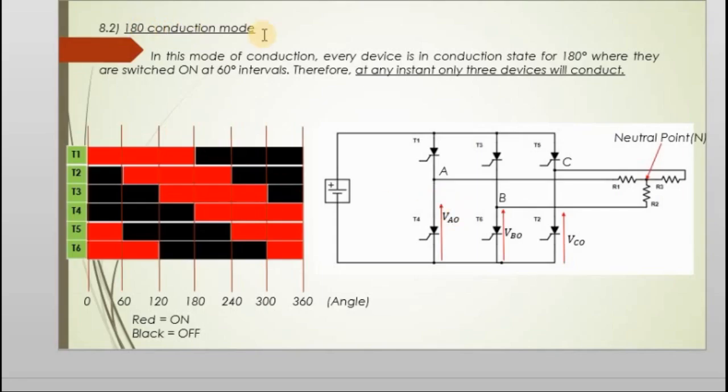Now here you can see 180 conduction mode. In this mode of conduction, every device is in conduction state for 180 degrees. So here you can see T1 180 degree conduction, T2 again 180, T3 180, T4 180, T5 180, T6 again 180.